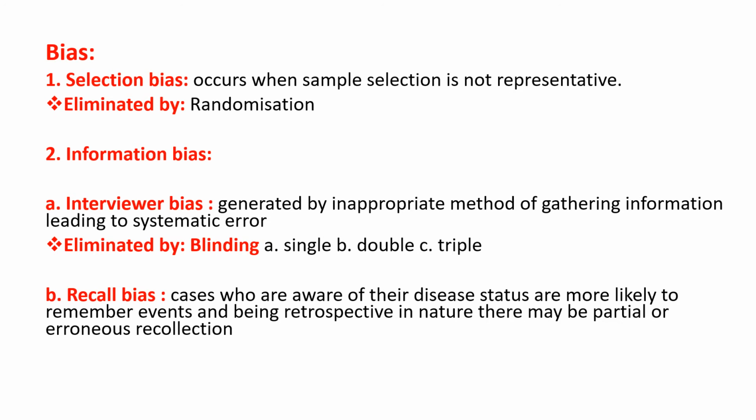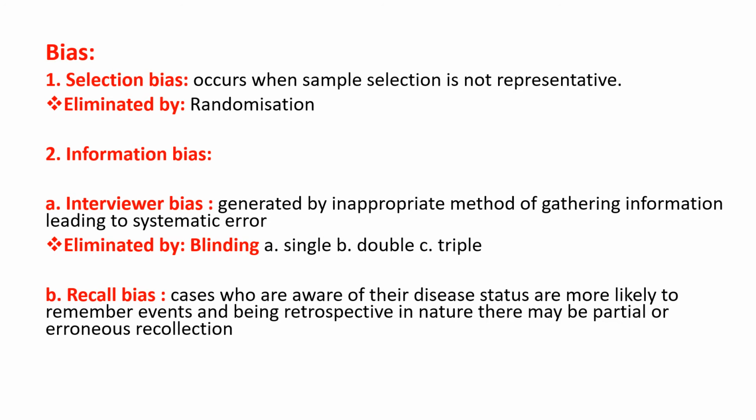Now coming to the second type of bias, that is information bias. This can again be of various types. Firstly, the interviewer bias. It is generated by an inappropriate method of gathering information, leading to systematic error. This more creeps in when I am driven, as an interviewer, with a particular hypothesis at the back of my mind, and I want that to be established.